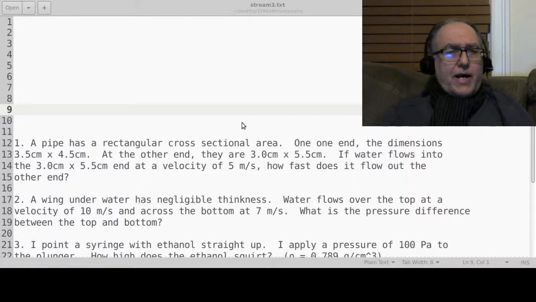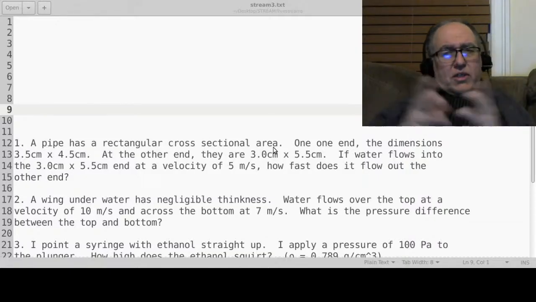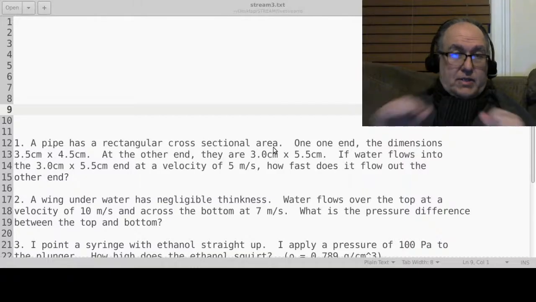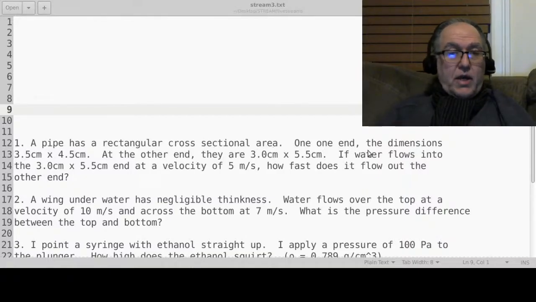Okay, so let's start. This first problem is a continuity equation problem. A pipe has a rectangular cross-sectional area. Pipes are usually round, but just to make a variation, I'm going to make this pipe rectangular. One end has the dimensions 3.5 by 4.5 centimeters, and another end has 3 centimeters by 5 centimeters, okay?